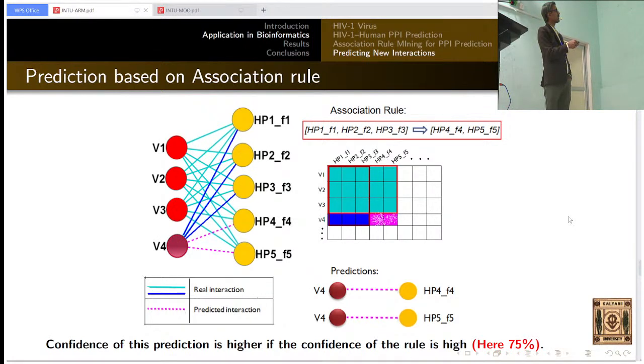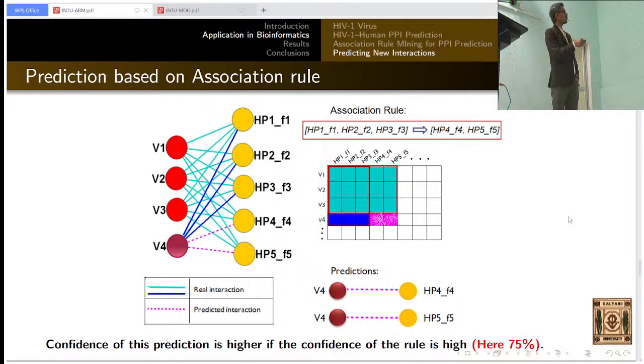You see that these light blue edges correspond to this bicluster. That means these interactions already exist according to the data set. And what we find is that, on the left hand side, these proteins interact with this viral protein V4, but the right hand side proteins, according to our database, are not interacting.